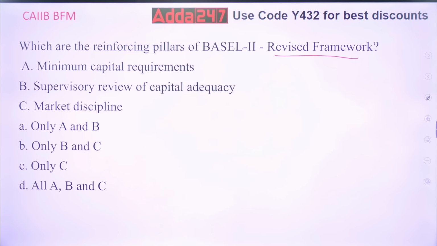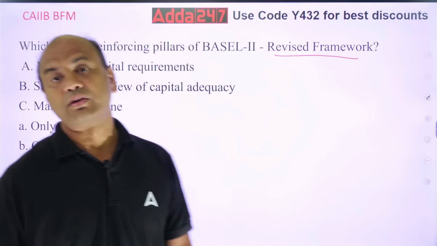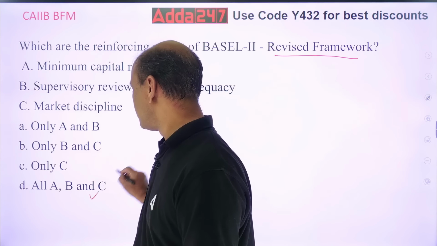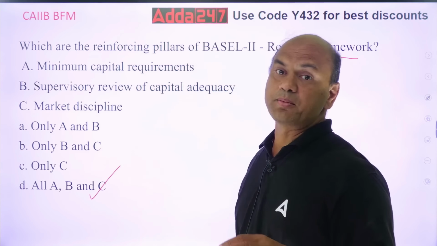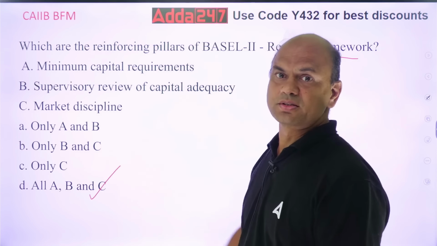Let me see. You have done this in your JAIIB also, isn't it? So the answer for this is all the three. All the three are important. All A, B and C. In fact, Basel III also has the same ones.